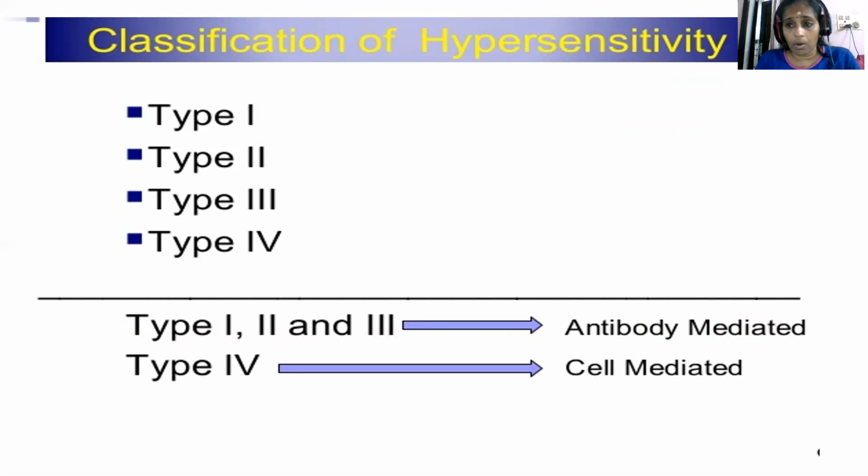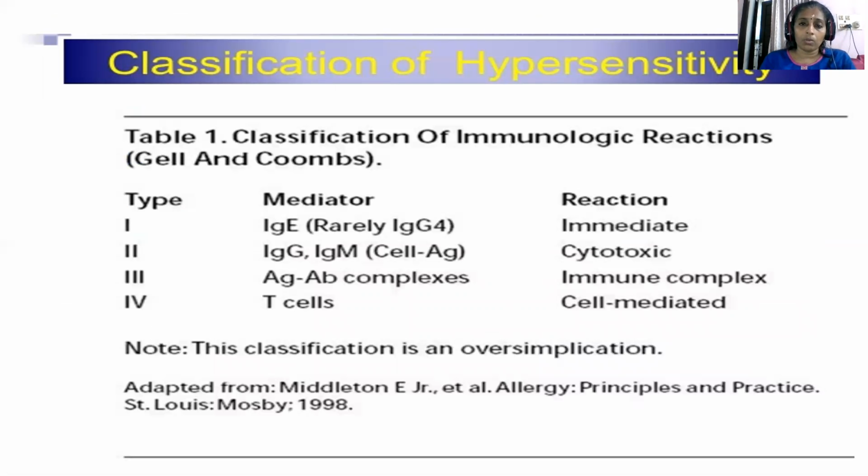Now, how is it classified? Hypersensitivity reactions are classified into 4 different types: type 1, type 2, type 3, type 4. Among these, types 1 to 3 are antibody mediated and type 4 is cell mediated. The classification of immune reactions is based on the reactions. Type 1 is an IgE mediated immune reaction, an immediate reaction.